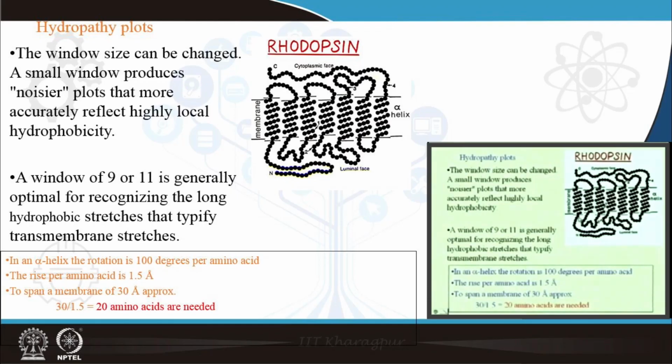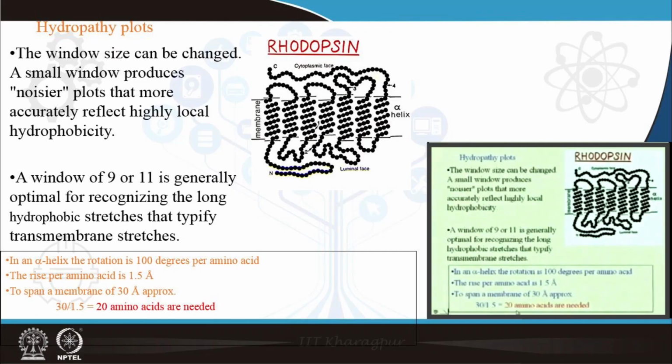The pitch that we saw was for a complete turn, right? That was 5.4 angstroms for a complete turn, and this is for a single amino acid, we have 1.5 angstroms. Now if I know that my membrane is 30 angstroms thick, then how many hydrophobic residues should I have there?